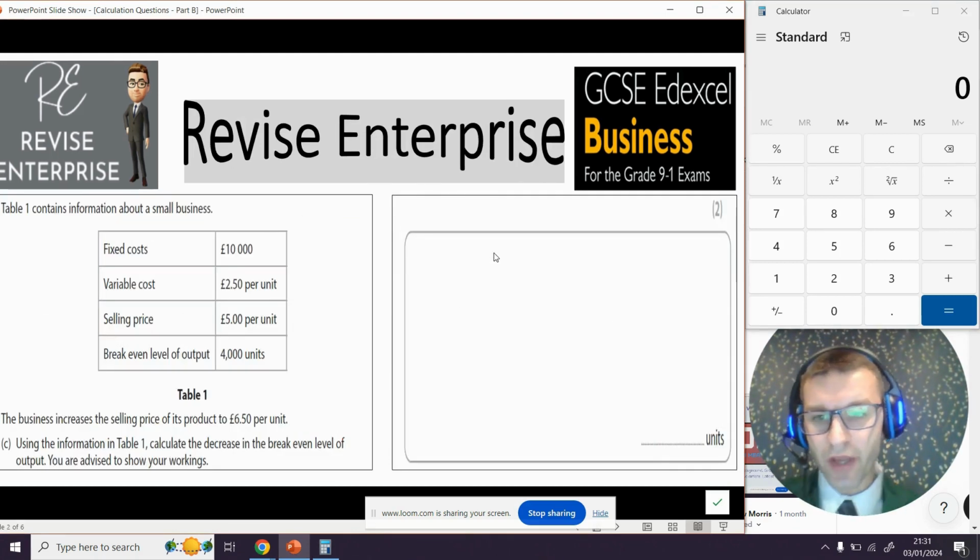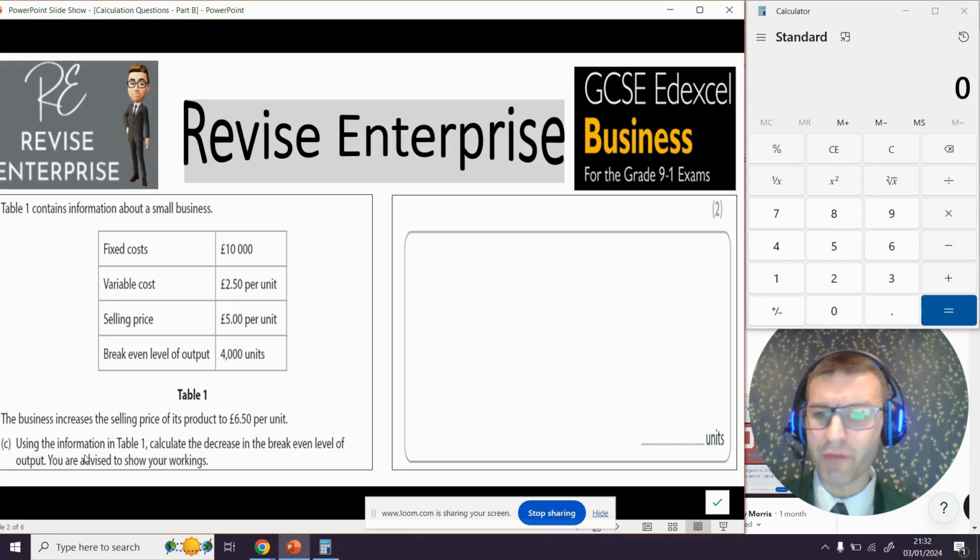So the first question, that was a calculation question, and this question was about a table containing information about a small business. You had information such as fixed cost, variable cost, selling price per unit, and of course, break-even level of output. Now it says in the information here, the business increases the selling price of its product to £6.50 per unit. Originally, it was £5.